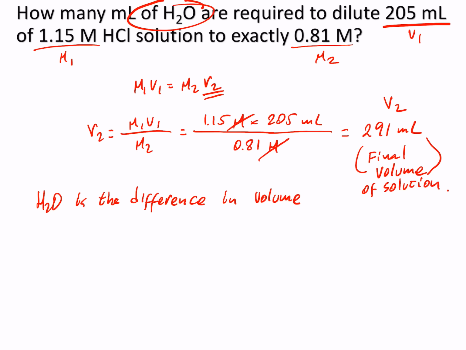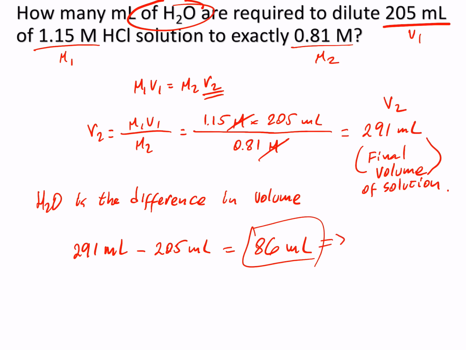So if your final volume is 291 milliliters, then if you take away the 205 milliliters, you will end up with 86 milliliters. Those 86 milliliters represent water that needs to be added. You need to add 86 milliliters of water to the initial solution so that you obtain your final solution at the desired concentration.